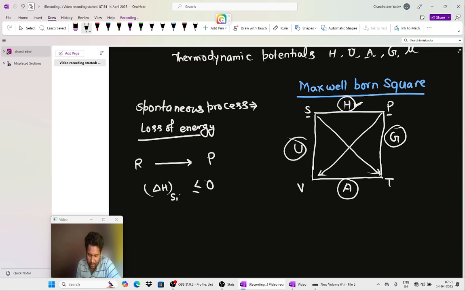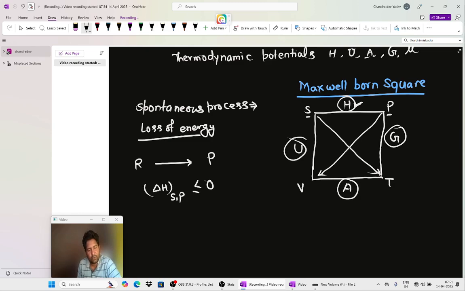So at constant entropy and pressure, the enthalpy change will be less than 0 or equal to 0. Less than 0 means negative. Negative means the heat is released. Delta H negative means heat is released.